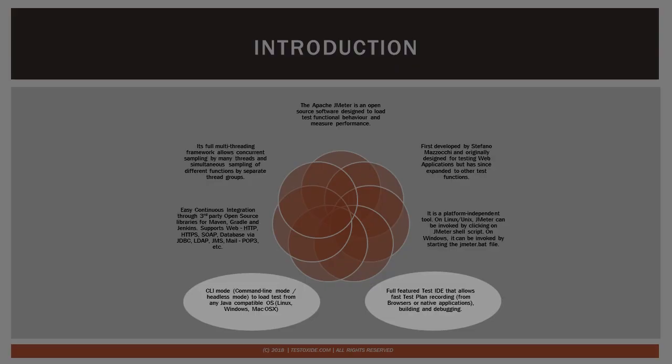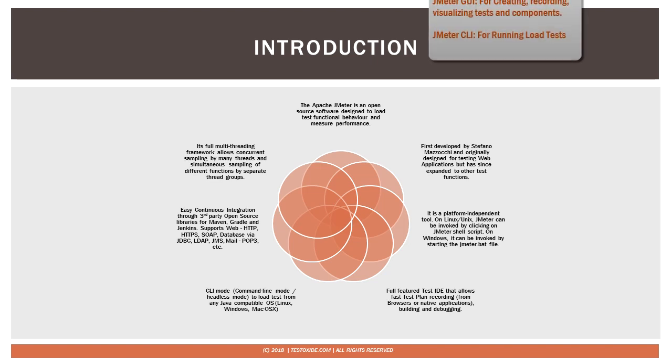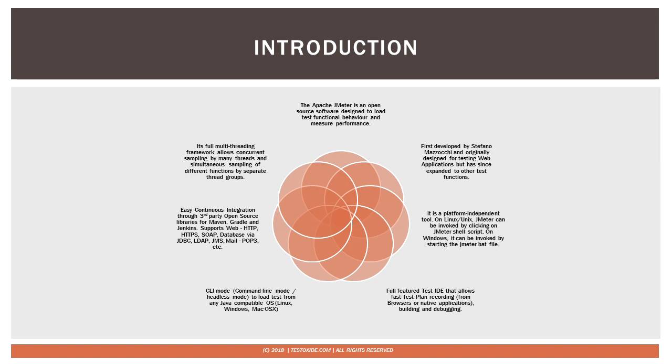From a user interaction perspective, it offers you both the CLI mode and a graphical IDE. So users can use the graphical user interface for creating, recording, and visualizing their tests. However, for running the test, CLI mode is recommended because of its less overheads. It is primarily used for web testing.